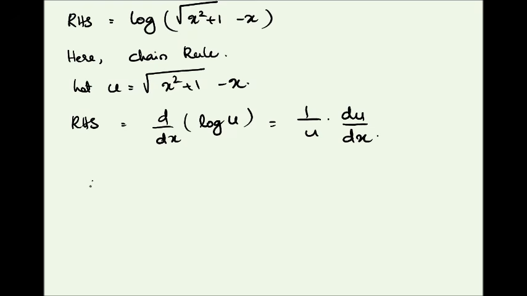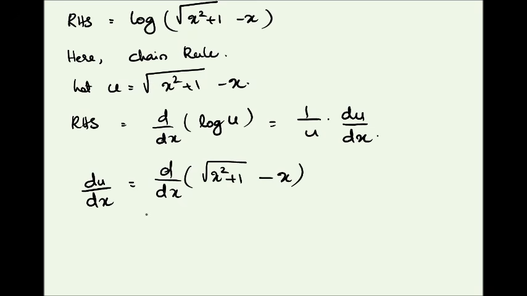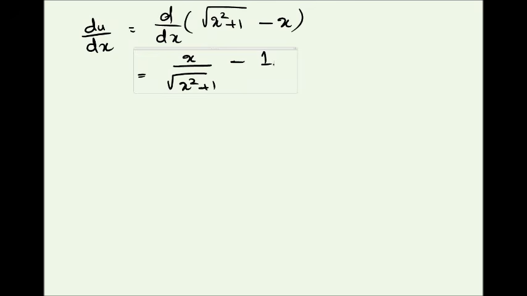Now we need to find du/dx. du/dx is d/dx of √(x²+1) − x. That is x divided by √(x²+1), and d/dx of x is 1.